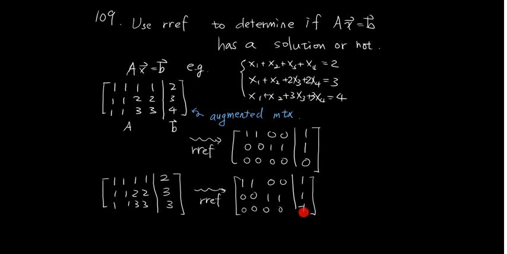And so this is impossible. Because of this rule, it says that there is no solution. And this one is fine. This has a solution.